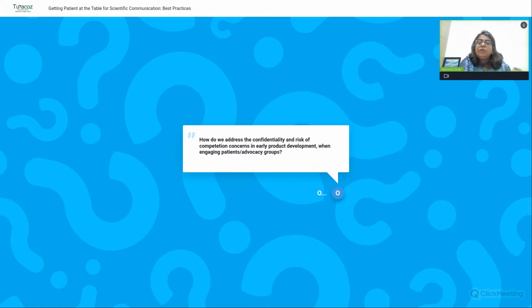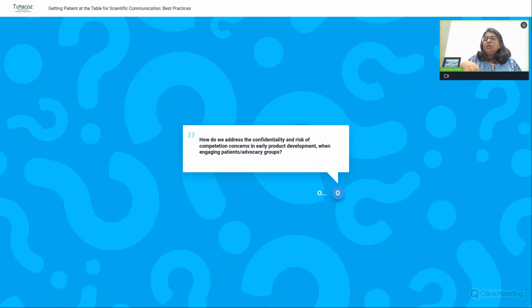When you are involving a patient at an early product development stage, the health literacy and research literacy of the patient matters: the importance of the information you are providing to them, how significant and critical it is, and why it is important for them not to share this with others.